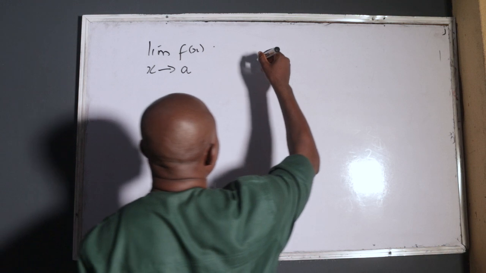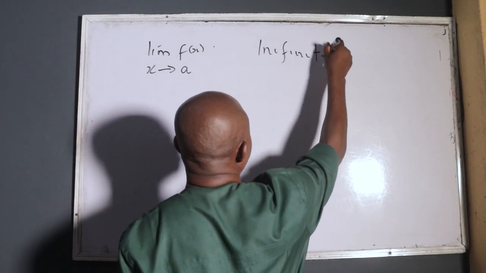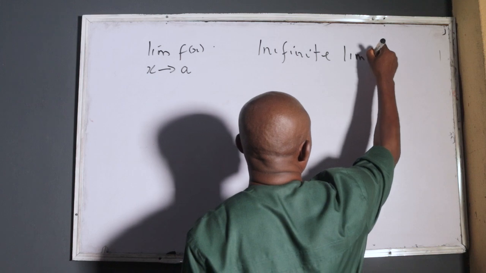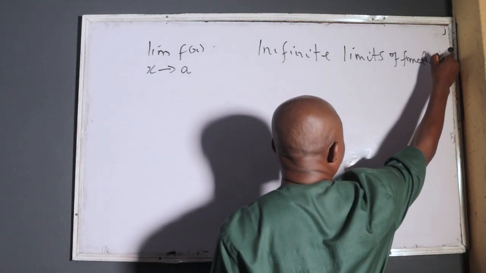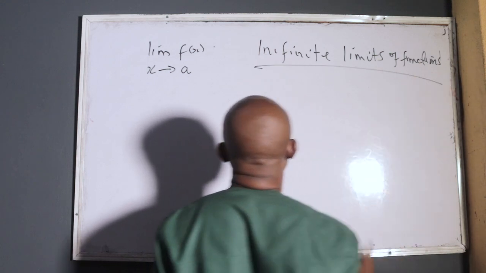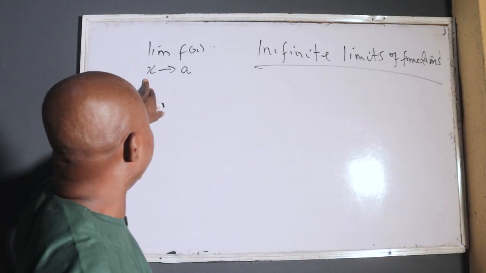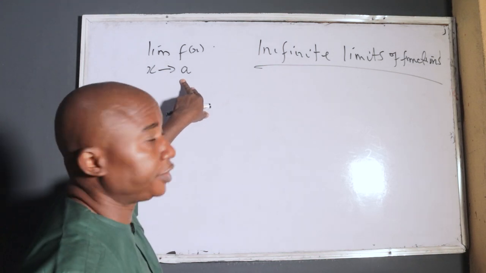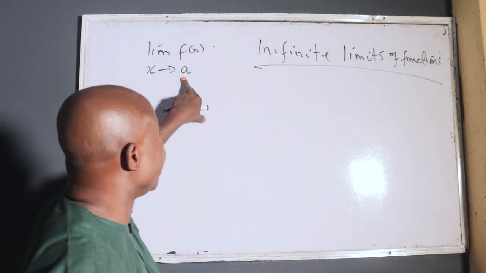This question brings us to the topic we call infinite limits of functions. We want to learn how we can compute the limit of a given function as x approaches plus infinity or negative infinity.